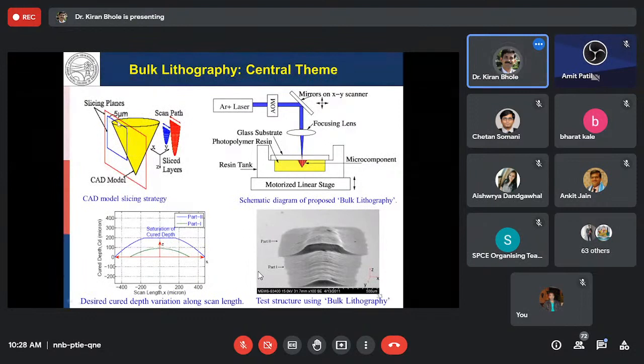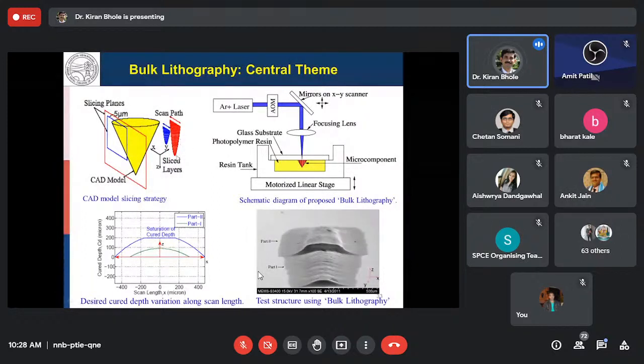For each slice plane we have got these slice layers. The same component is taken, but the slicing is done in a different way. We have sliced in X and Z direction in bulk lithography, right? So this is the X and Z direction in which the slices are obtained.